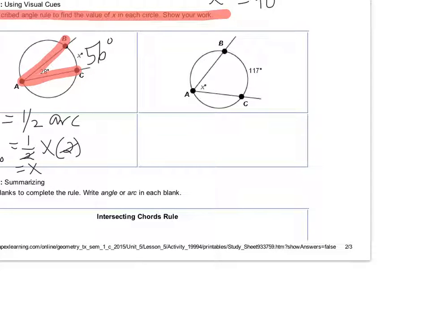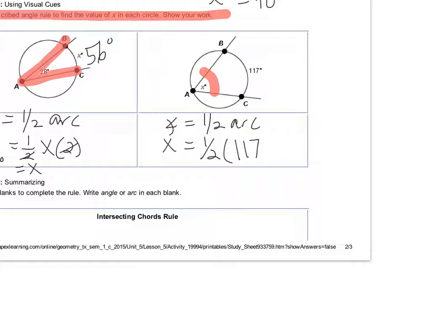Once again, we know that our angle is half of the arc. So my angle, which was not given, I'm going to call x because we don't know. So x is equal to half of 117.